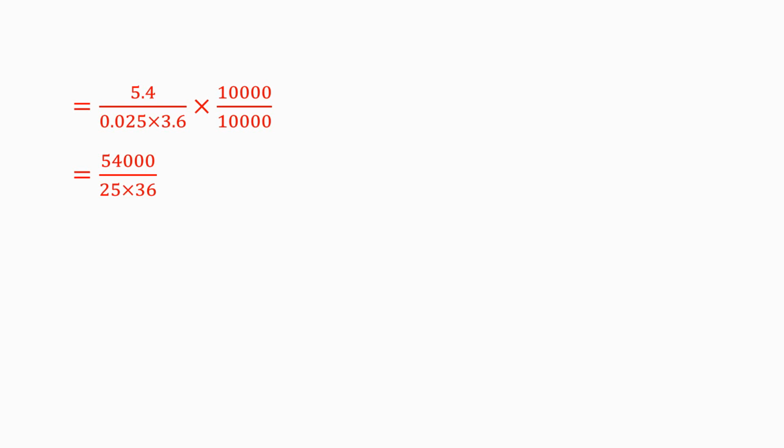So we can simplify the numerator and the denominator by 6, giving us 6,000 over 25 times 4, and 25 times 4 is 100. So we have 6,000 over 100. The two zeros in the denominator cancel out with 2 zeros in the numerator, and therefore this evaluates to 60.